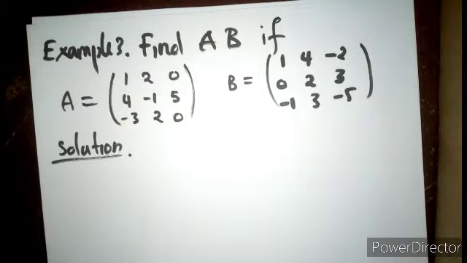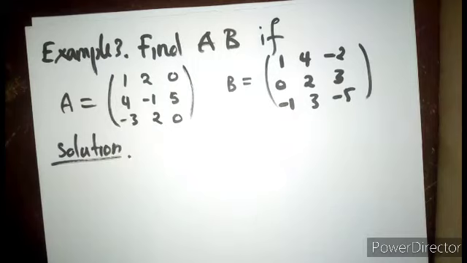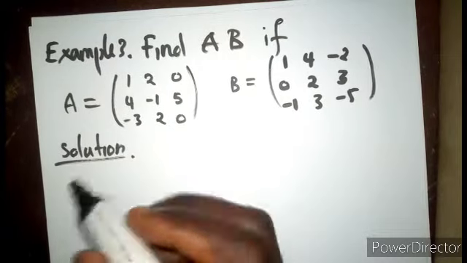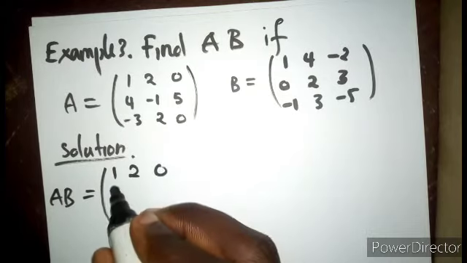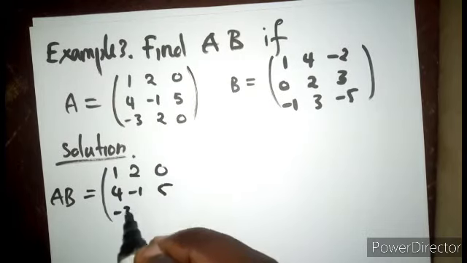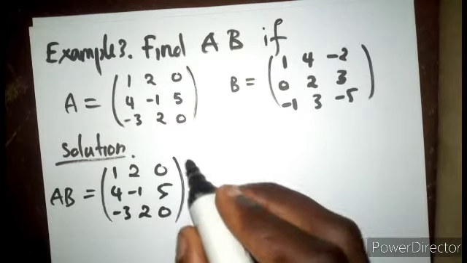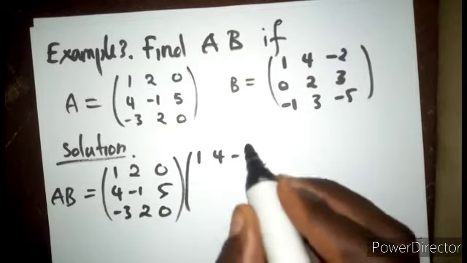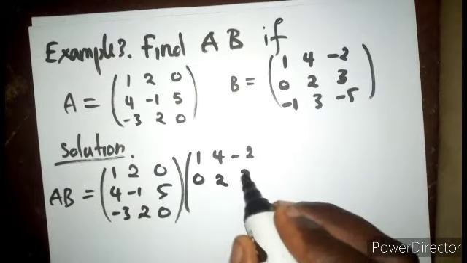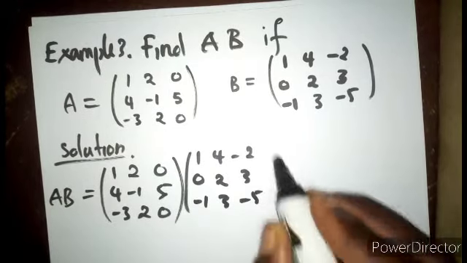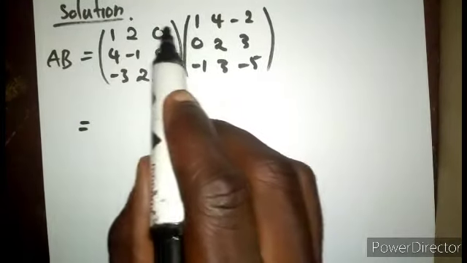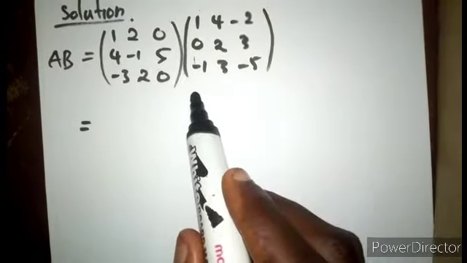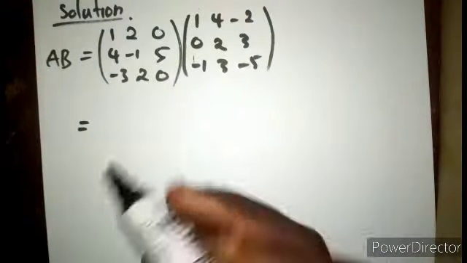Okay, example 3. Find AB, if A is this matrix and B is this matrix. Good. AB is going to be [1 2 0; 4 -1 5; -3 2 0] times [1 4 -2; 0 2 3; -1 3 -5]. Now, watch. This row times what? First column. First row times first column.